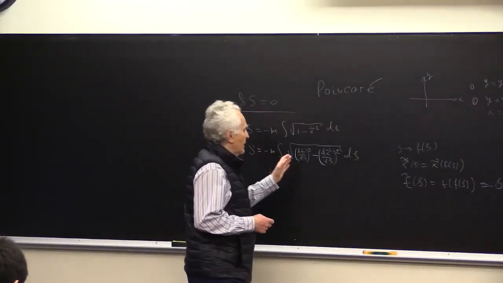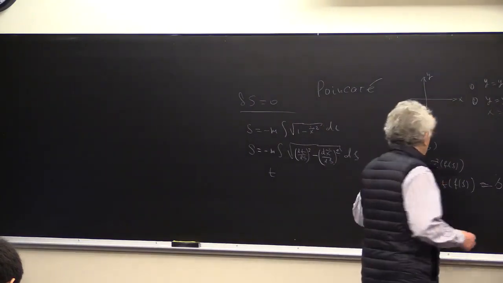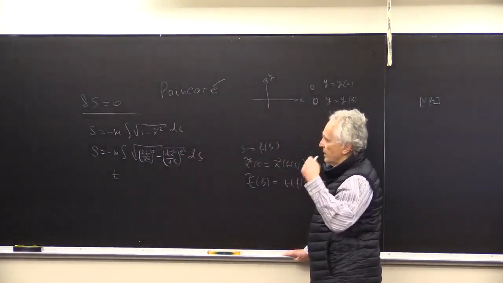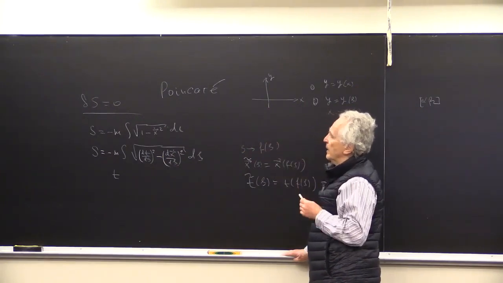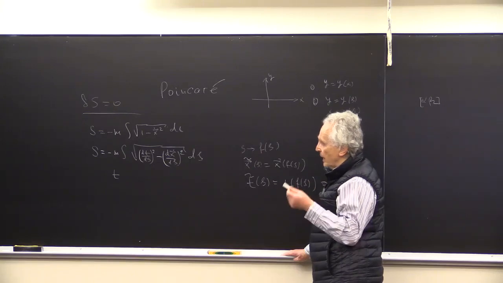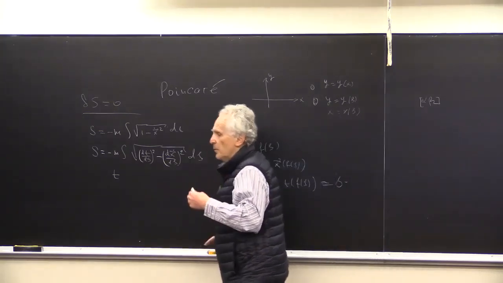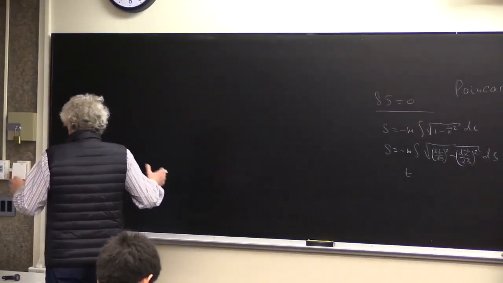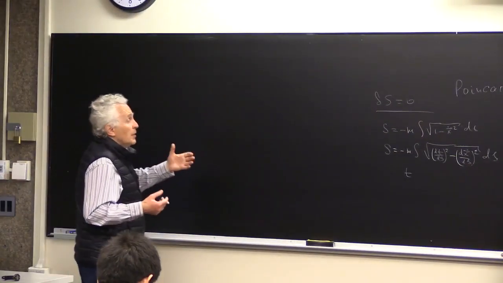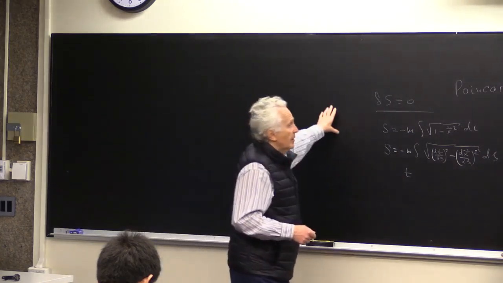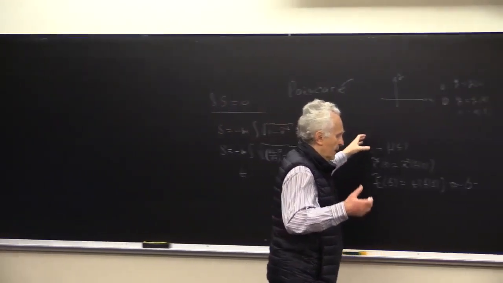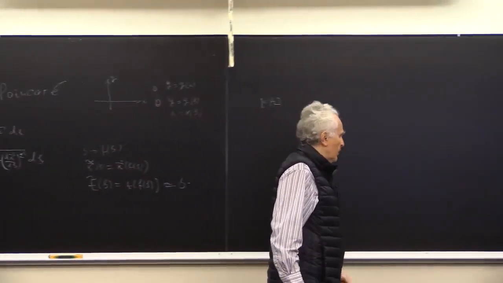We said that translation invariance in S, translation invariance in time, better to say, is related to conservation of energy. We constructed the functional which is conserved when the system moves. It's also called integral of motion, a conserved quantity.